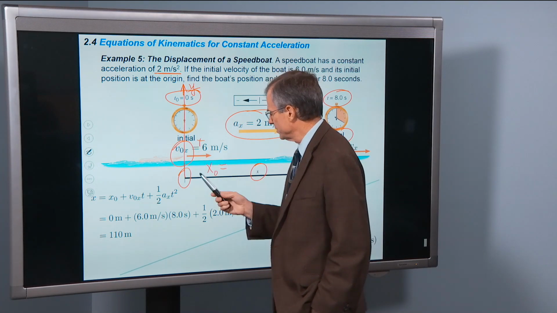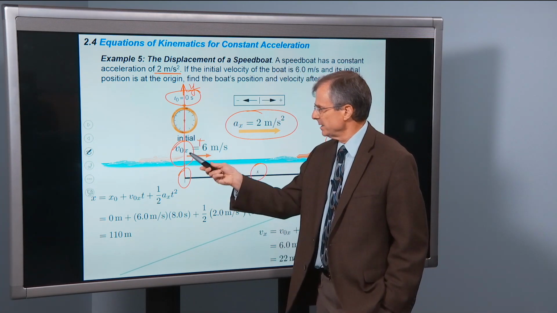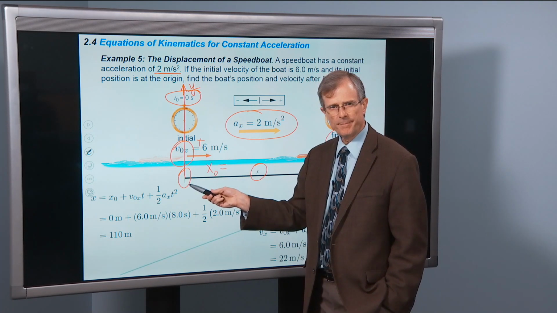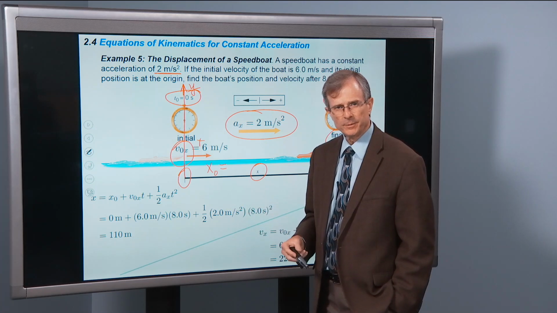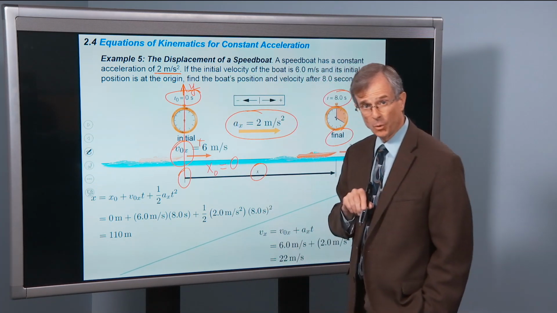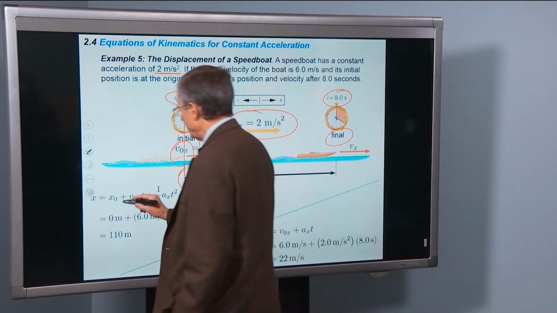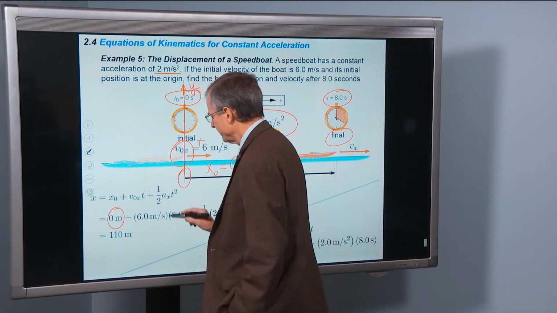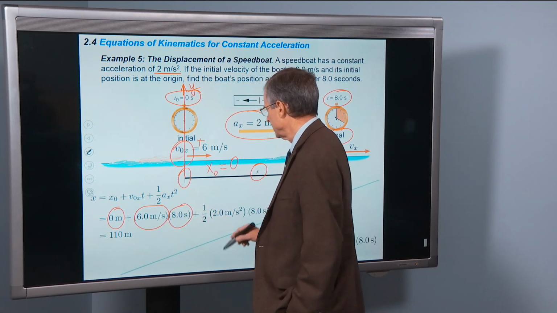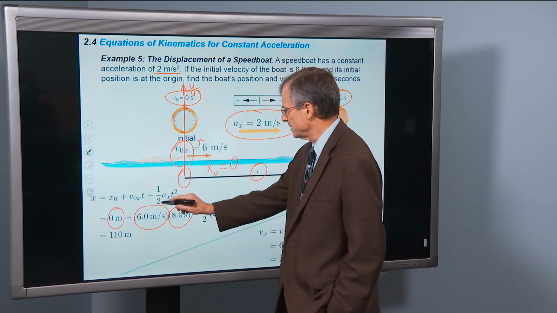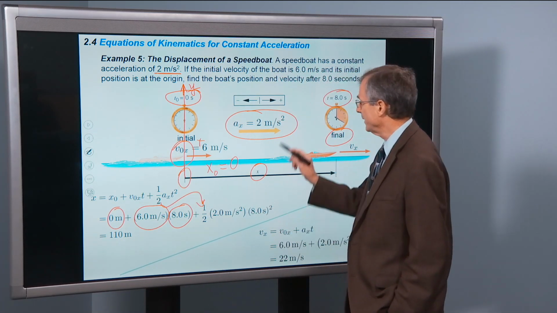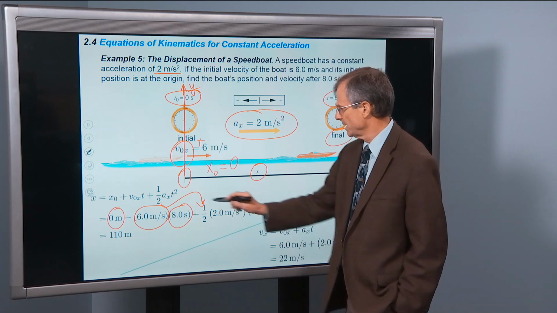Here's the initial position. Here's the x-axis. The tip of the speedboat is at the origin at that initial time. What's its x value? 0, because it's at the origin. So we're going to put in 0 meters for x naught, 6 meters per second for v naught x. t is 8 seconds. 1/2, this 1/2 comes along for the ride. 2 meters per second squared, that's this acceleration.